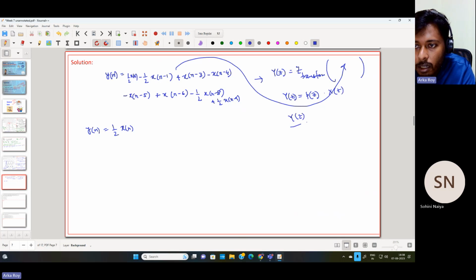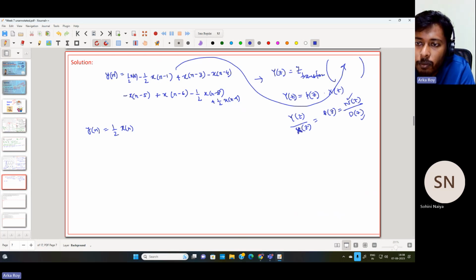So Y of z upon X of z will be P of z. This P of z will also be of the form N of z by D of z, a numerator factor and a denominator factor, as this gives a representation of the transfer function. The numerator part will be a function of z and the denominator part will also be a function of z.